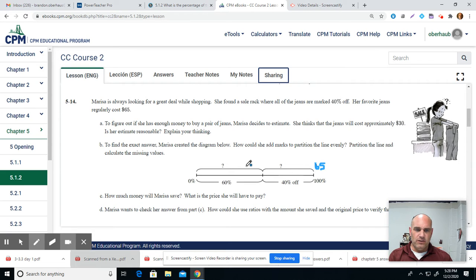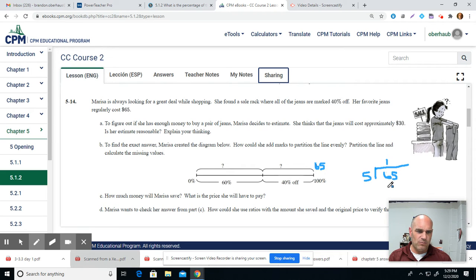Boy, what can I do? I really can't break this up into 10 equal pieces because I can't break that up very evenly by tens. I think I'm going to have to break these up so every line is worth 5. So in order to do that, I need to find out how many lines I am going to need. So I've got 65, and I want every line to be worth 5.